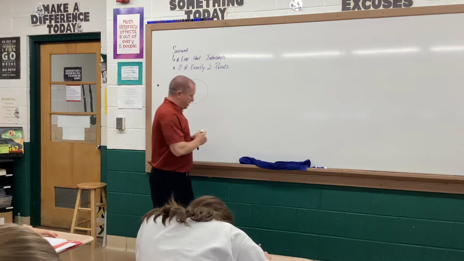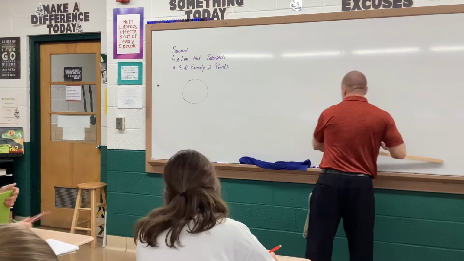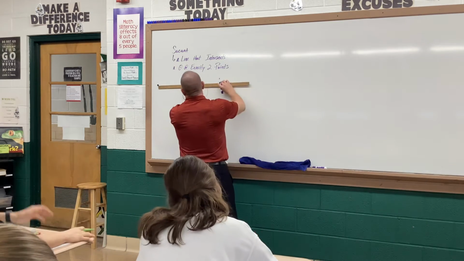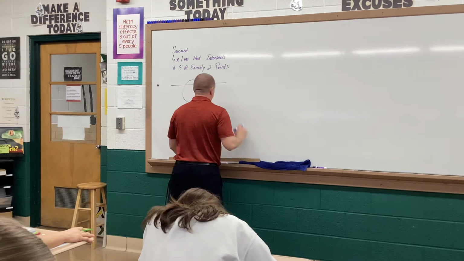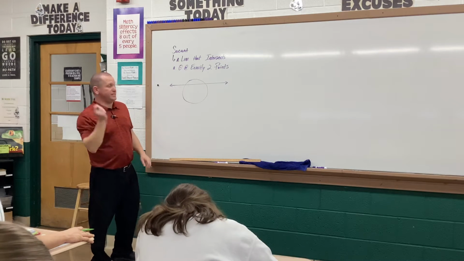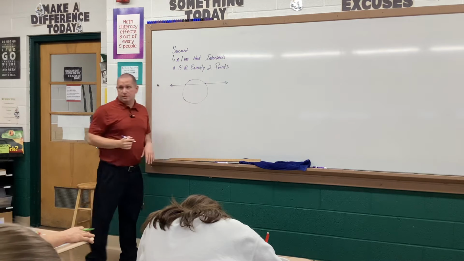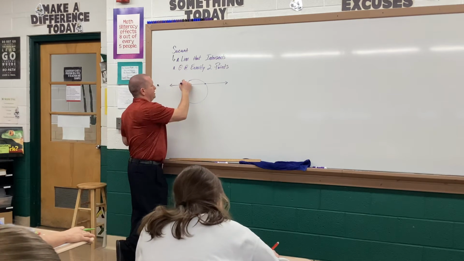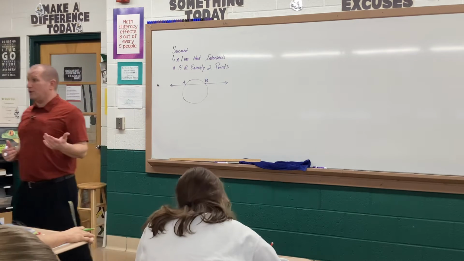Draw a line through there. And if this is true, every secant has to have a chord, right? So we're still going to name our secant by the chord that actually touches. If we call this AB, it's line AB, right? But we can also say it's chord AB.